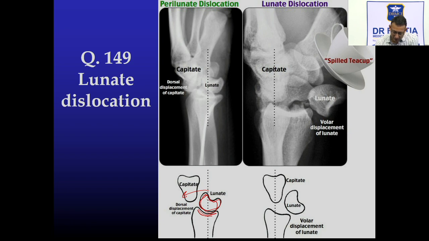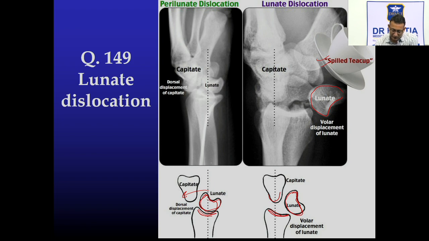Now, in another type of lunate dislocation, what happens, the lunate dislocates, it does not articulate either with the distal radius or with the capitate. So, the lunate has dislocated from its place and is lying separately, and if you see on the X-ray, the dislocation of the lunate appears like a spilled teacup sign, the tilted teacup which can easily spill the tea.